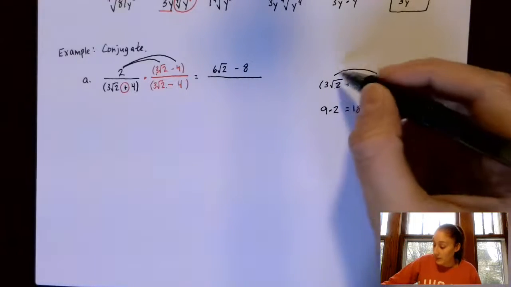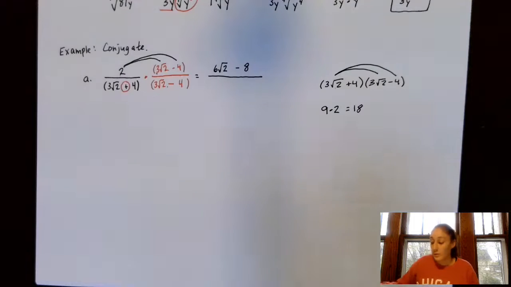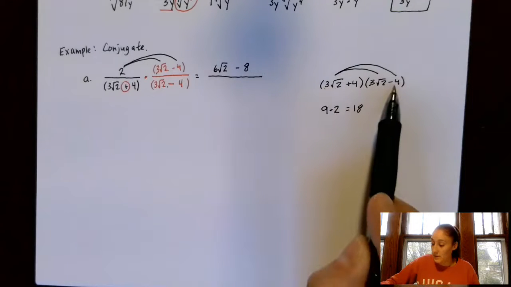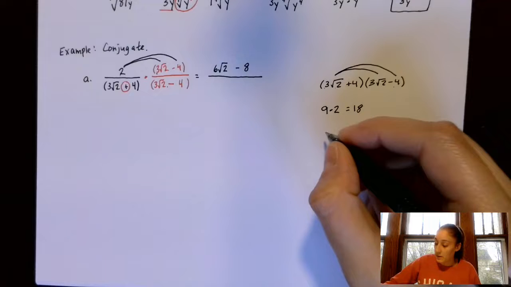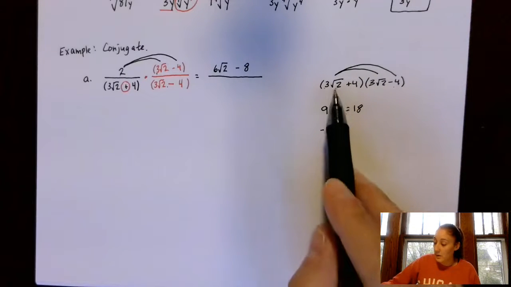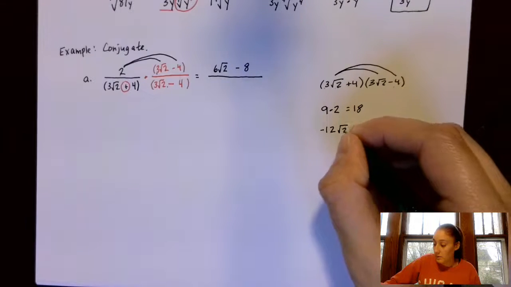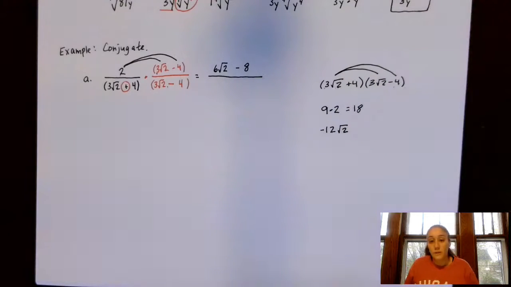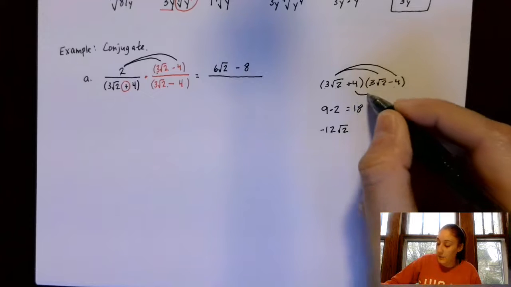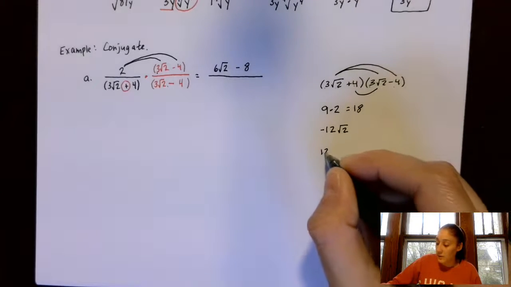Alright. Next I'm going to do 3 radical 2 times negative 4. So I'm going to do the coefficients. 3 times negative 4 is negative 12. And then radical 2, there's nothing to multiply it by, so I have a radical 2. Alright, so we have a radical, but hold on one second, you'll see it's going to go away really quickly. Next I'm going to do 4 times 3 radical 2, so 4 times 3 is 12.